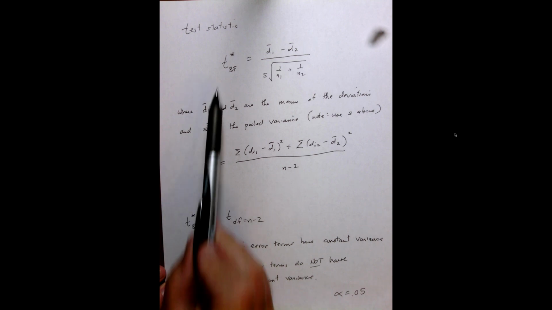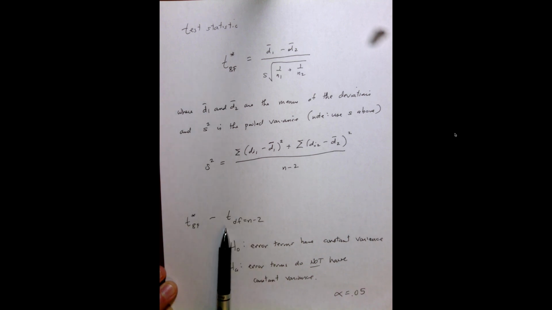It turns out that this test statistic follows a t-distribution with degrees of freedom n minus 2 under the null hypothesis that the error terms have constant variance versus the error terms do not have constant variance. And we'll test that, of course, at alpha equal 0.05.